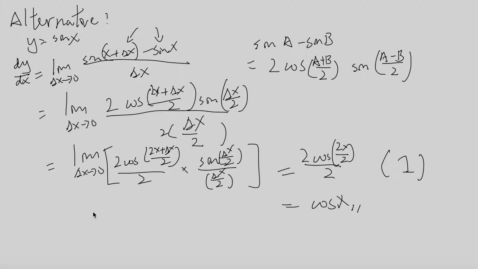And if you still have time, try to find the derivative of y equals cosine x. The steps will be very similar to what I have shown you in this video. So please use your time to do revision. Remember this formula. Hope I can see you next day. All right, goodbye.